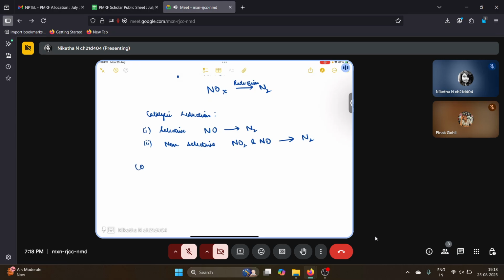Now coming to carbon dioxide removal. For this we will use a chilled ammonia system.